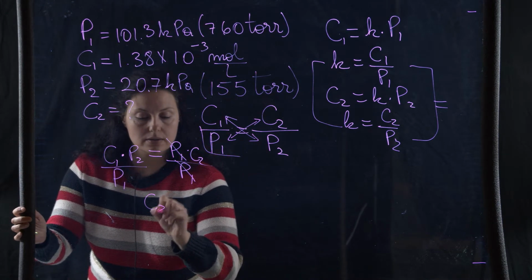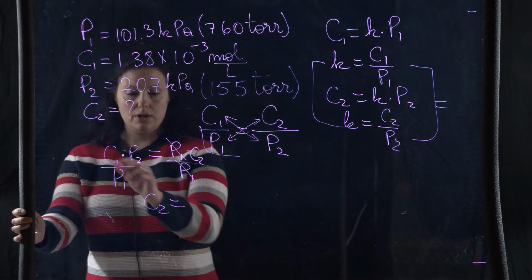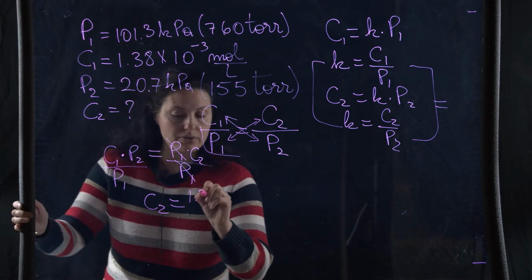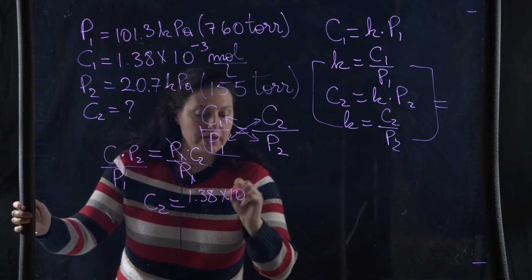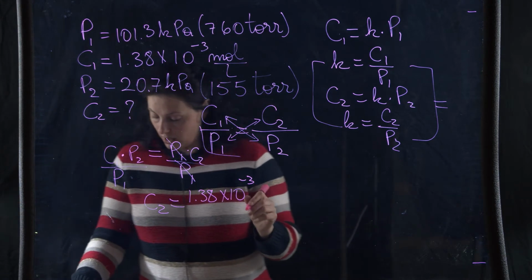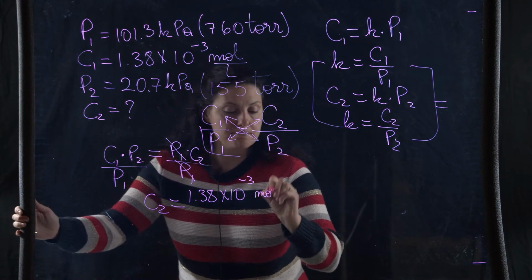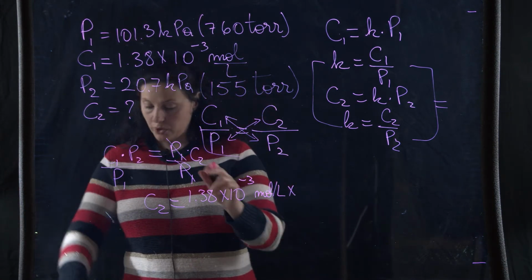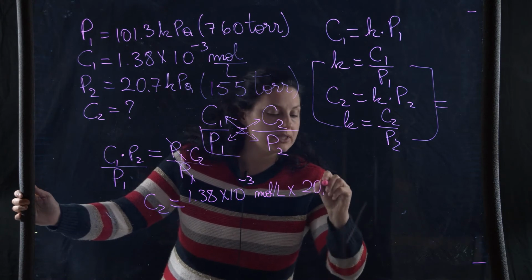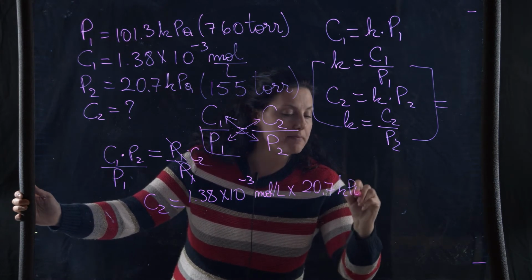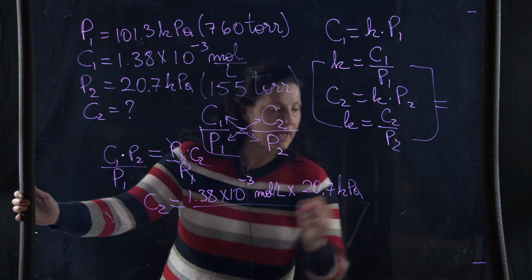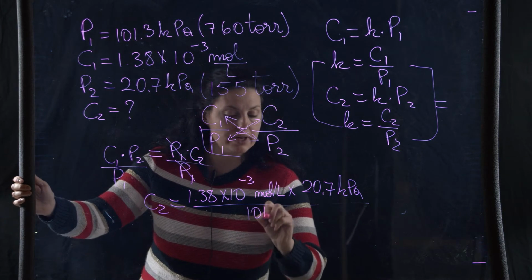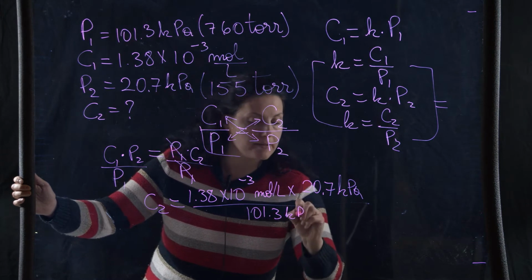C2 then is equal to C1, which is 1.38 times 10 to the minus 3 moles per liter, times P2, which is 20.7 kilopascal, divided by 101.3 kilopascal.